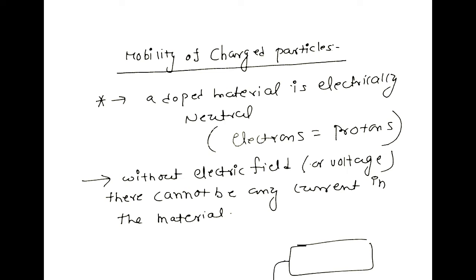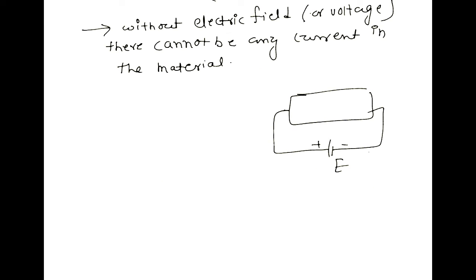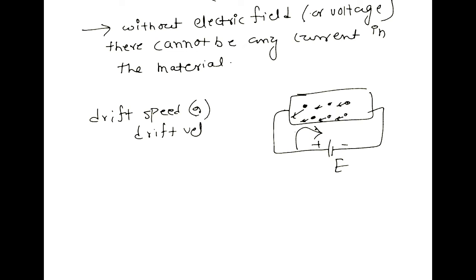If we apply a voltage, an electric field E, then current flow will exist. That is, all the electrons will move with a constant speed, generally known as drift speed or drift velocity. This drift velocity depends upon the magnitude of the applied electric field.